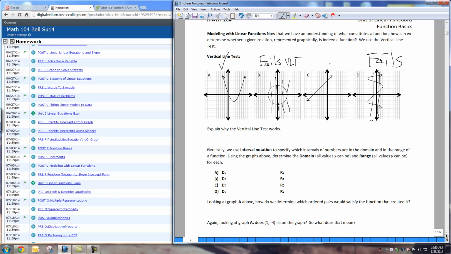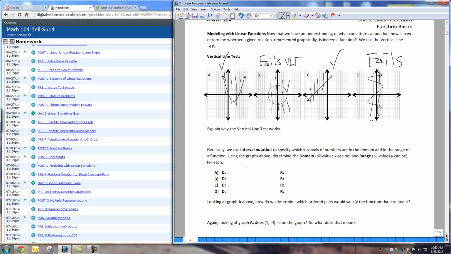So A and C both pass the vertical line test. Basically how the vertical line test works, I just explained. If it touches your graph once and only once, it passes. Notice here and here, it only touches once. These two cases, it touches more than once. Here twice, here it touches 1, 2, 3, 4 times.